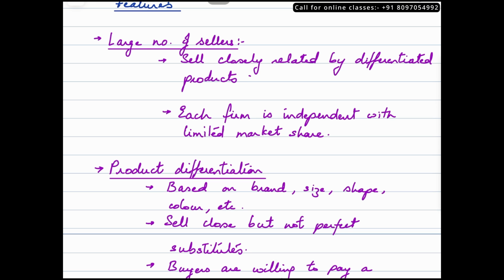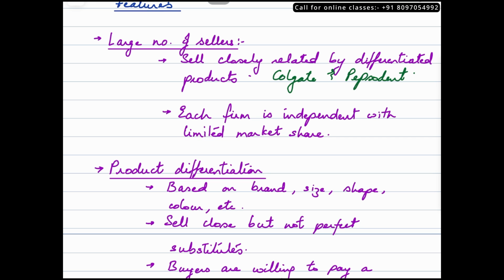For example, let us say two brands of toothpaste, Colgate and Pepsodent. Since these sellers are selling different commodities and probably may also have different consumers for their goods, each firm is independent with limited market share since the market is shared by all the players in the market.